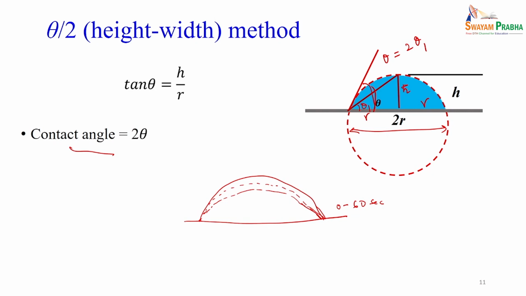So, this is another easy method, the height width method or theta by 2 method. Theta 1 is equal to h by r, and theta is equal to twice theta 1, that is it. So, we discussed two methods: either you draw the tangent, or use the theta by 2 method.